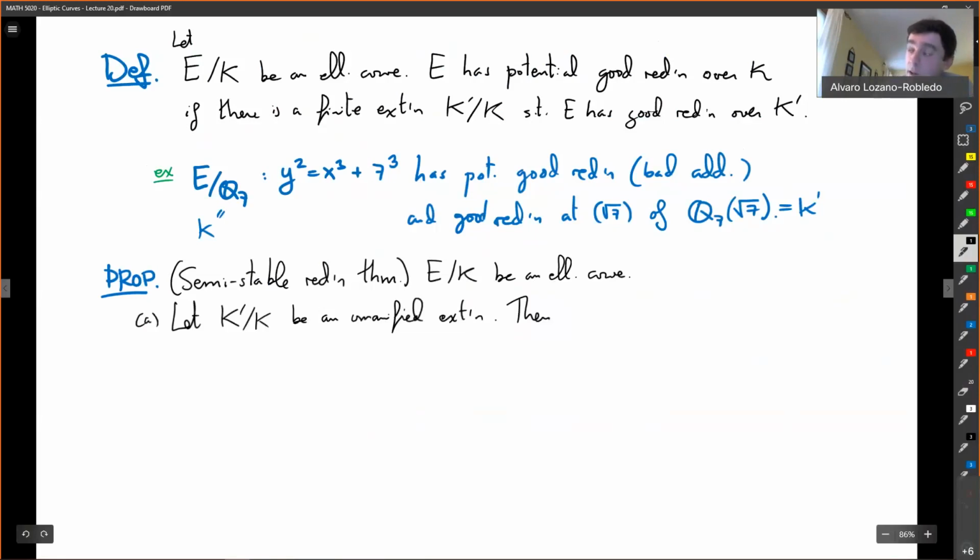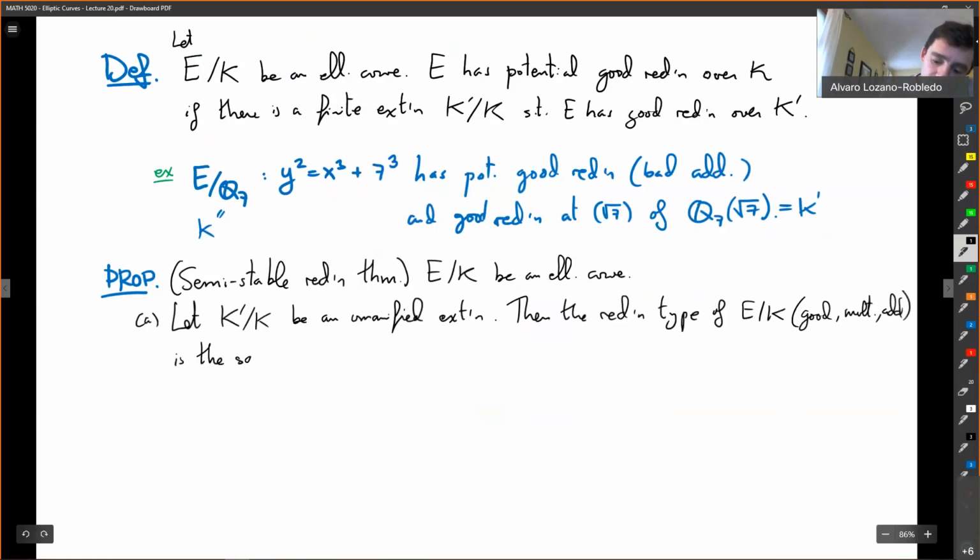Then the reduction type of E over K, which is good, multiplicative, or additive, is the same as the reduction type of E over K prime.